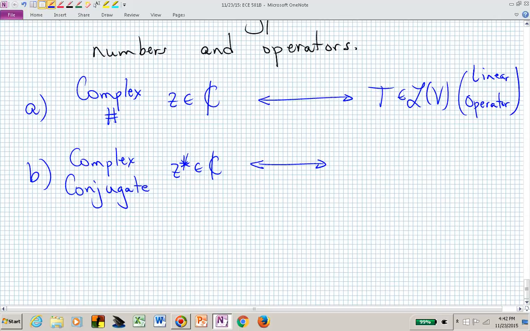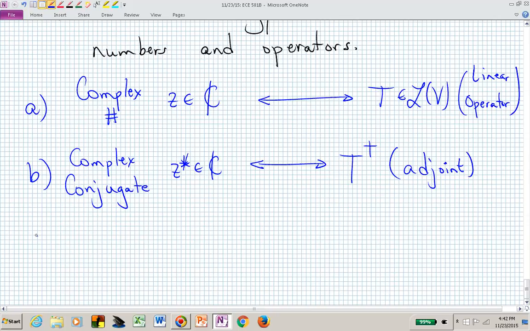If Z is T, what was the complex conjugate in terms of operators? That was the adjoint, wasn't it? So that's T dagger. So now when we start playing with all of this, when you see Z, we think T. When you see Z star, you think T dagger.